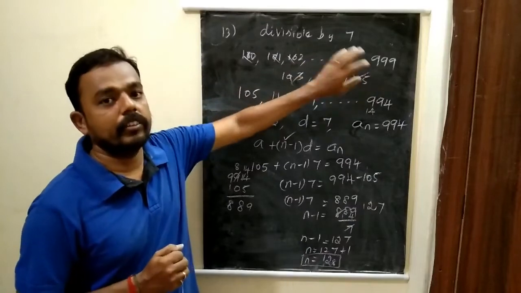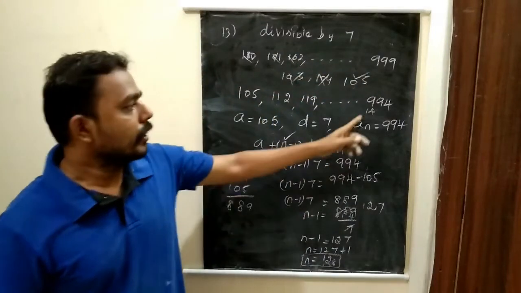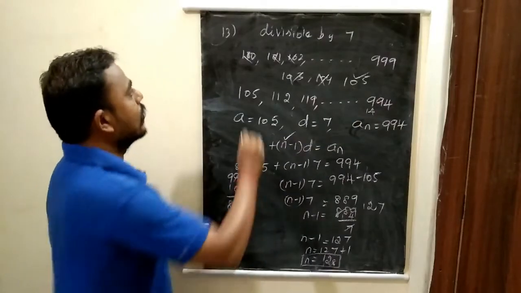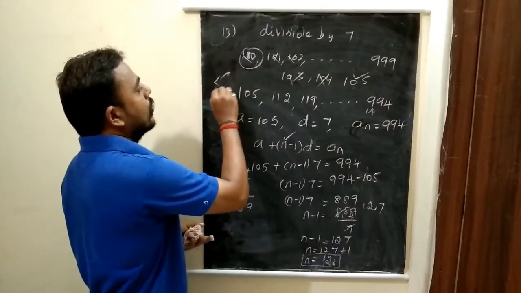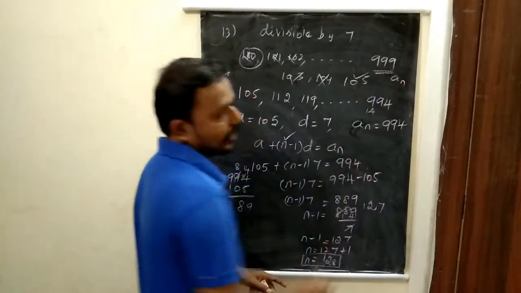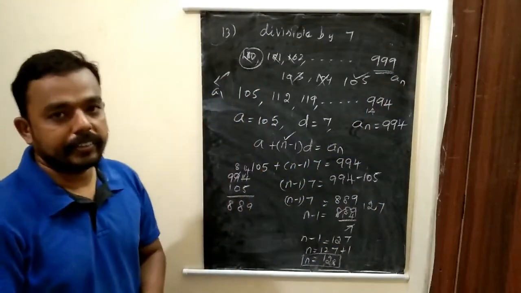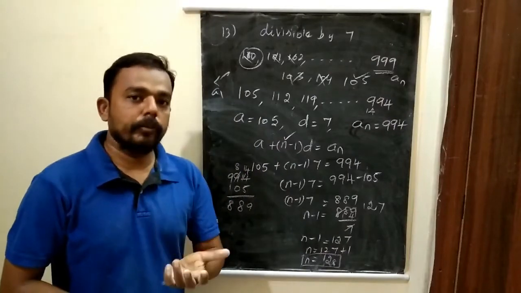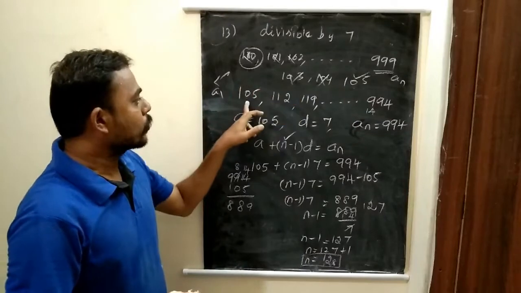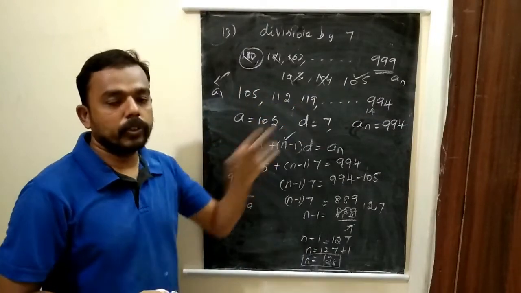So 105 is the first number. Similarly, consider the last number 994. So don't consider 100 as the first number and 999 as the last number, because they're not divisible by 7. We need the first number and the last number also divisible by 7.